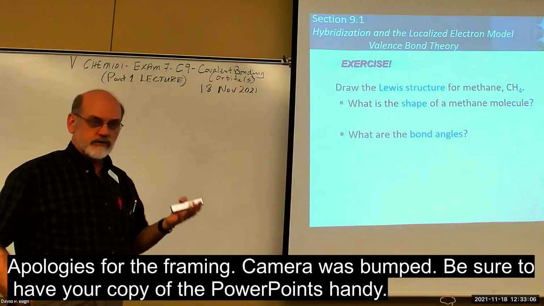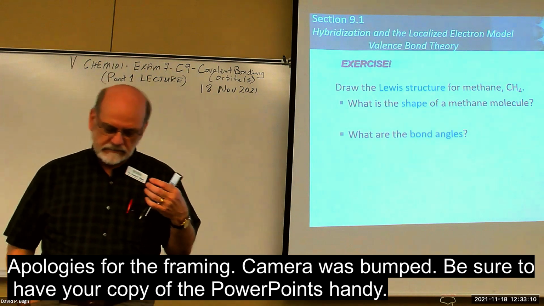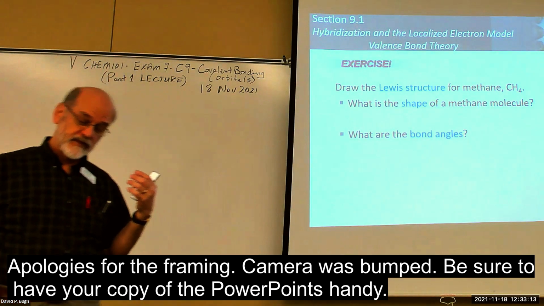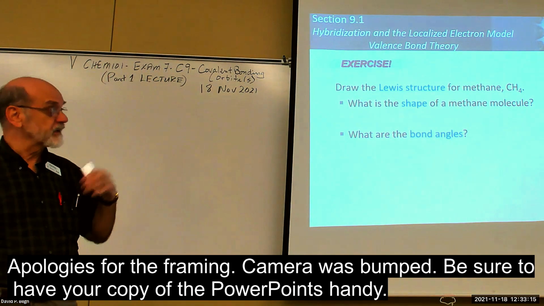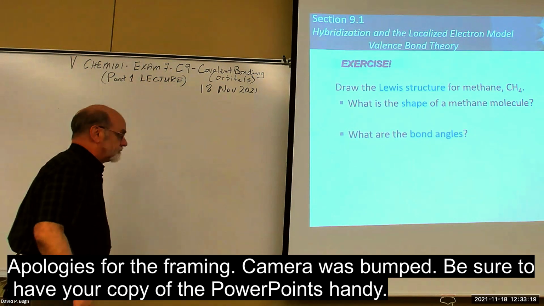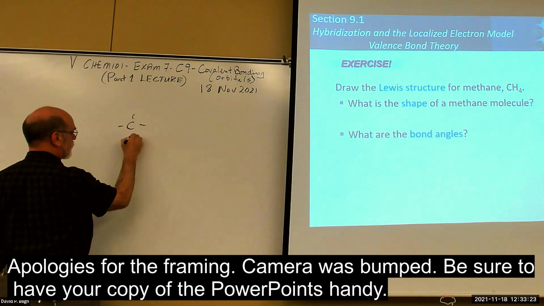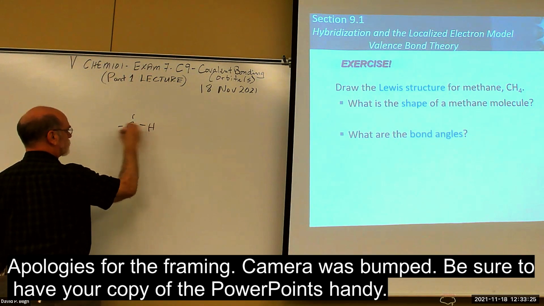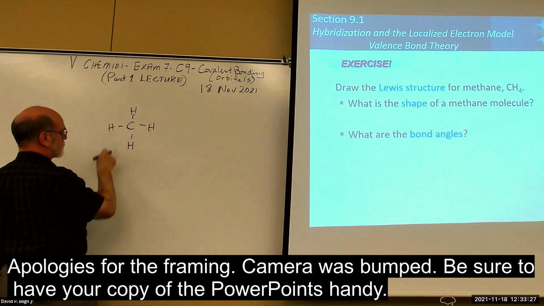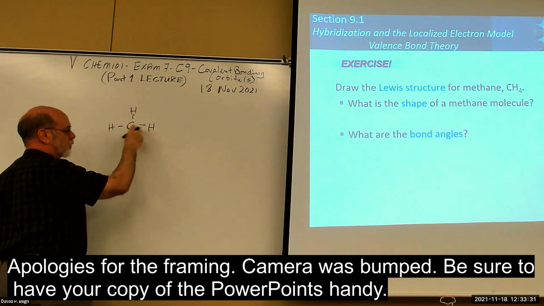And our Lewis structures allow us, with the aid of the VSEPR model, to predict their geometry. And the geometry of methane should be, if we draw it like that, one, count valence electrons: 1, 2, 3, 4, plus 4 is 8.